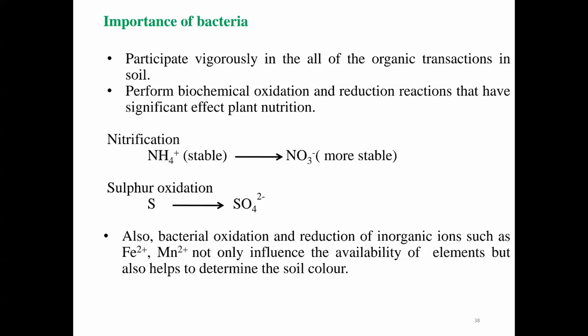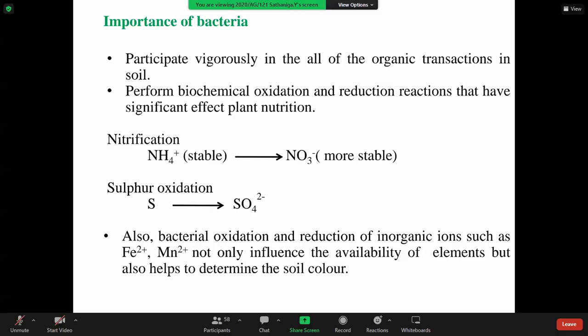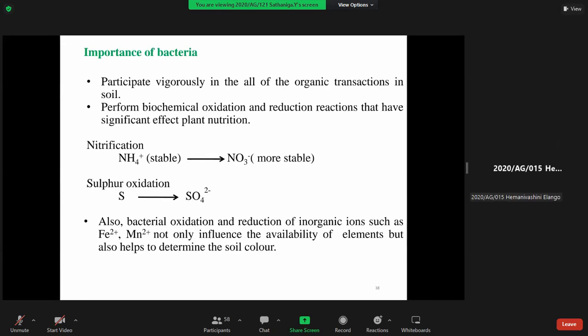Ammonium ion is a stable form, but the nitrate ion is a more stable form. Then in sulfur oxidation, sulfur is converted into the sulfate form. Also, bacteria oxidize and reduce inorganic ions such as Fe2 plus and Mn2 plus. Not only does that influence the availability of the elements, but it also helps determine the soil color. Next slide.